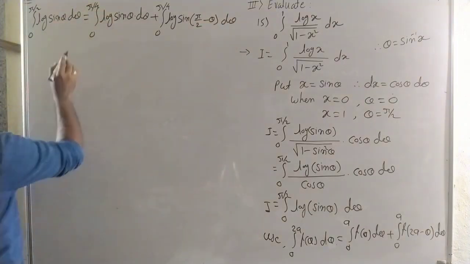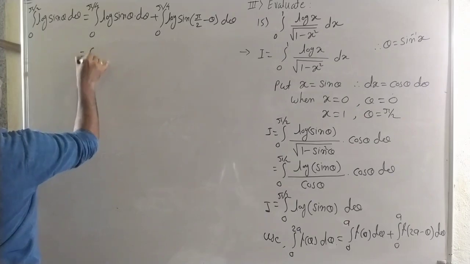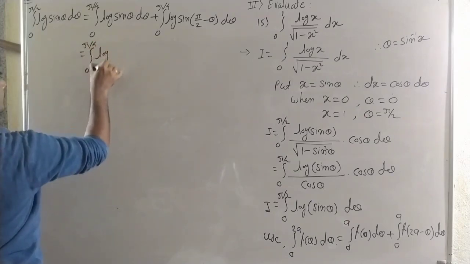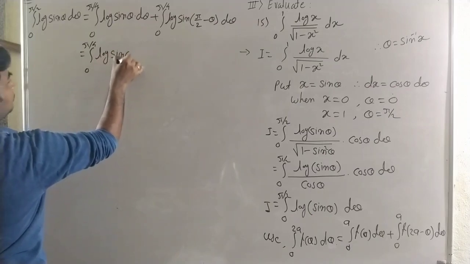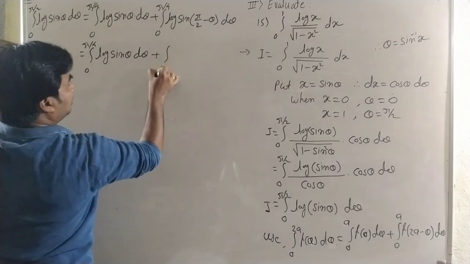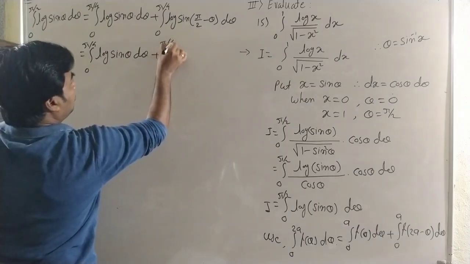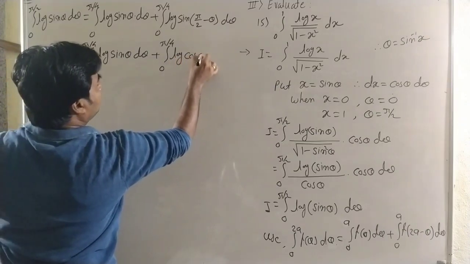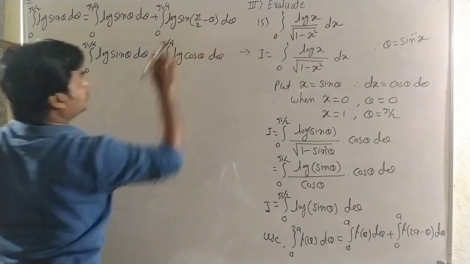Then this can be written as integral 0 to pi by 4 log of sin theta d theta plus integral 0 to pi by 4 log of cos theta d theta.